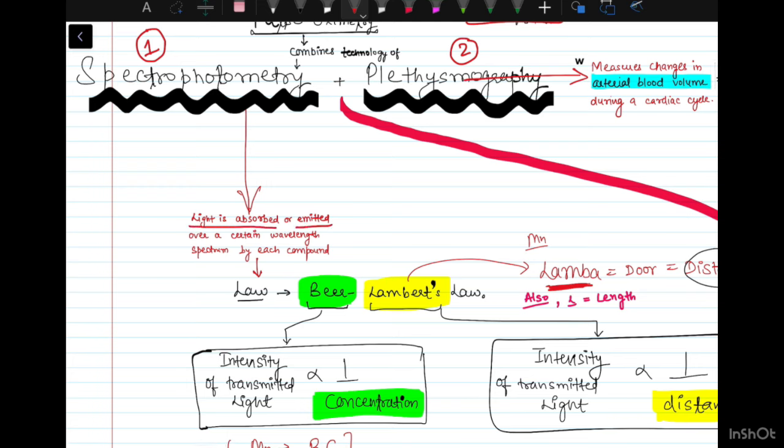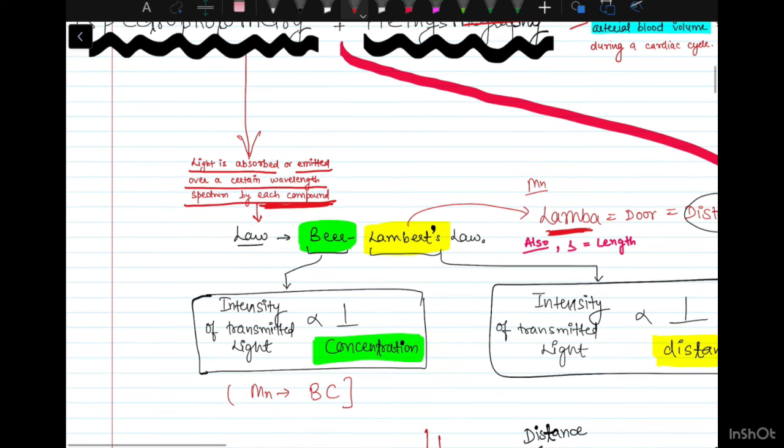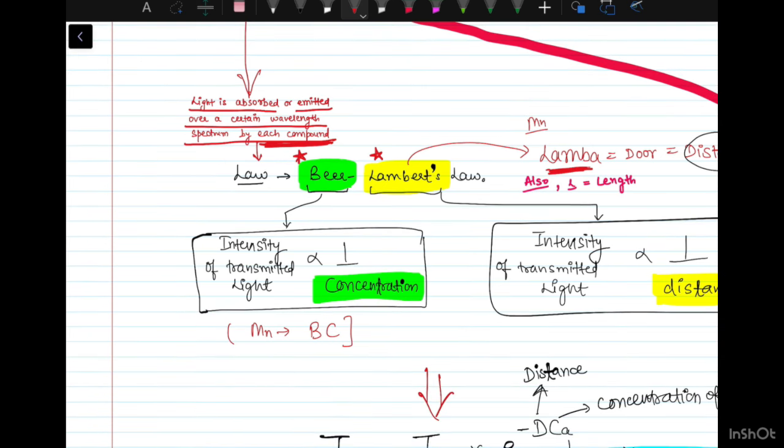This is that the light is absorbed or emitted over a certain wavelength spectrum by each compound. Now, this principle has two components, which is known as Beer-Lambert's law, because it consists of two parts, one is Beer, one is Lambert's. Let's talk about each of them individually with a mnemonic. Beer's law says that the intensity of the transmitted light is inversely proportional to the concentration.